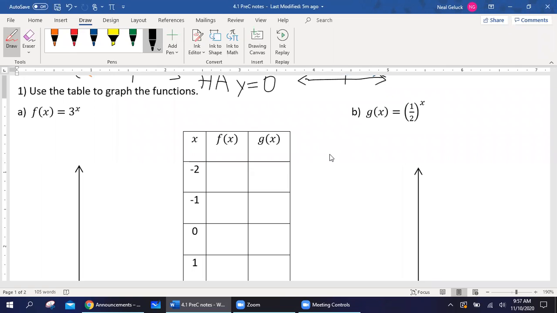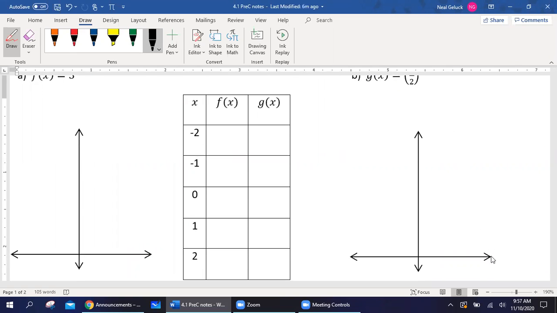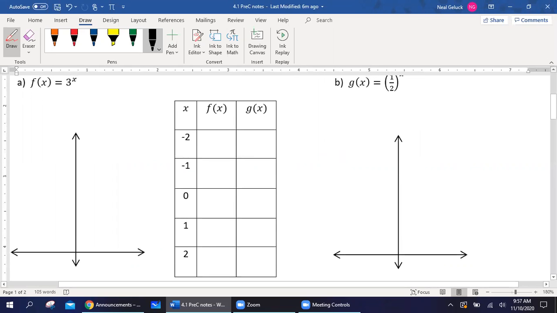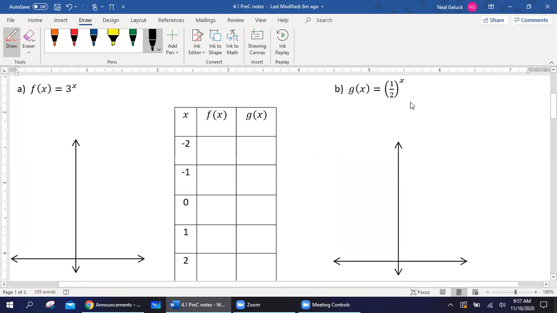So to get a little better feel for how these graphs look with some actual hard numbers, we're going to graph 3 to the x and 1/2 to the x. So I've already picked the x's we're going to plug in. I'm going to run through my f function first, plugging these in.